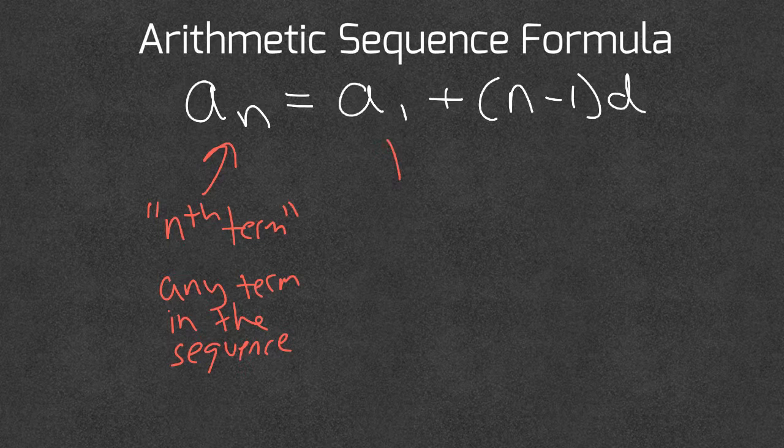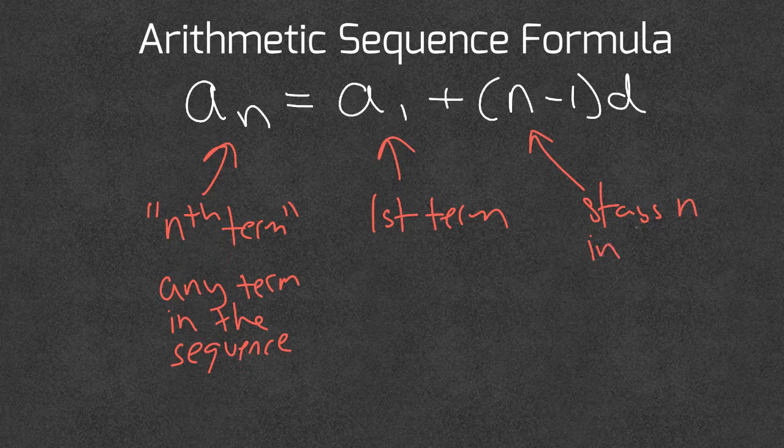A sub 1 is the first term. n stays n in the formula. That's how we're going to be able to plug in and use the formula.